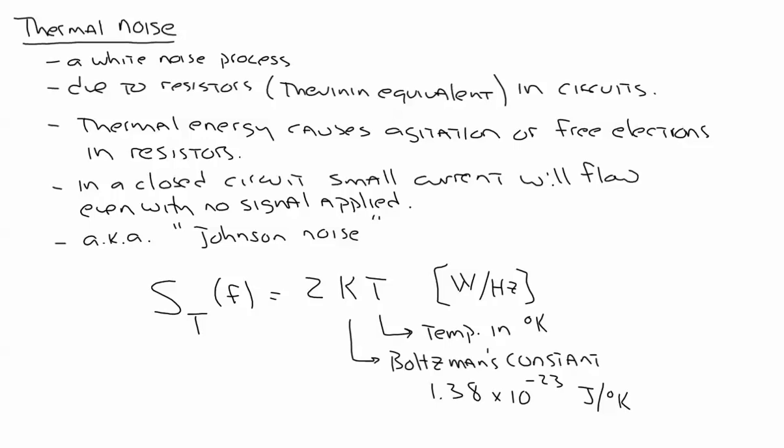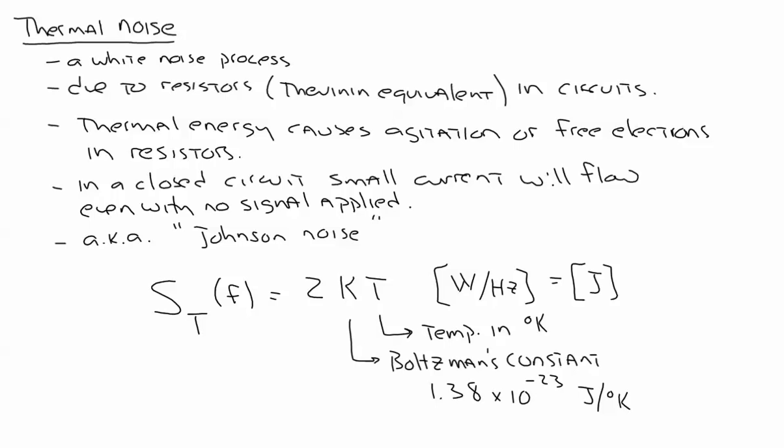Remember that watts per hertz is equivalent to joules. Boltzmann's constant is expressed in joules per degree Kelvin. Temperature is in degrees Kelvin, so joules equals watts per hertz. The units match.